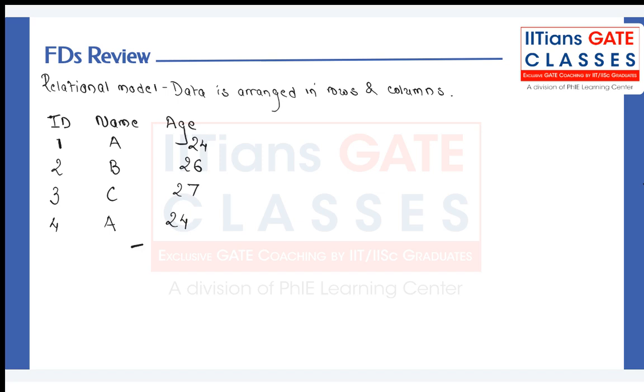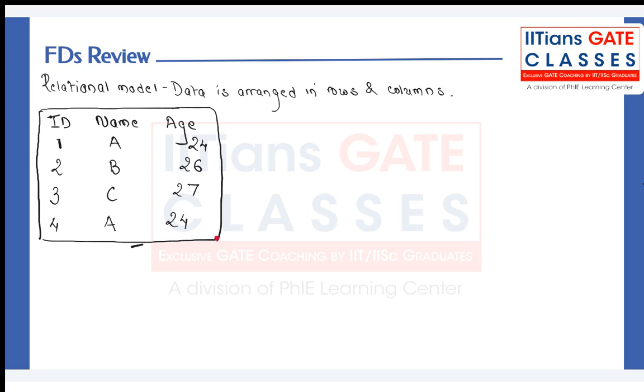The different attributes of the table: a person has an ID, a name, and an age. Now, if I ask you a very basic question, just look at these four instances of the table. Can you tell me which column, if I just take a value of that column, I can uniquely identify the entire row? Understood the question?